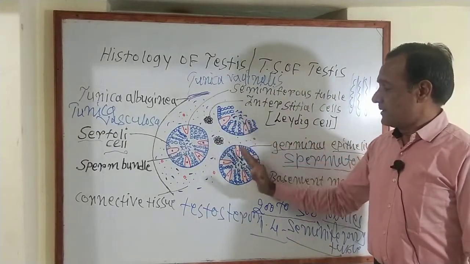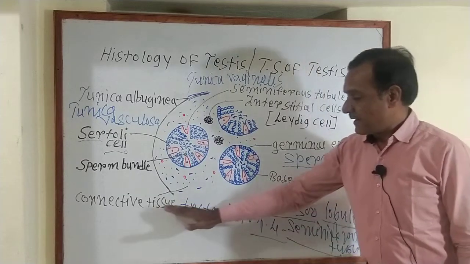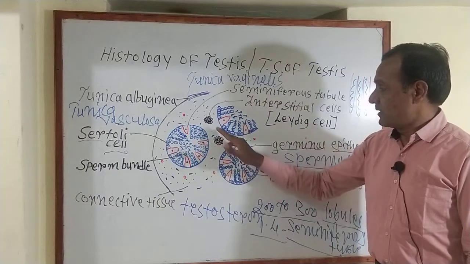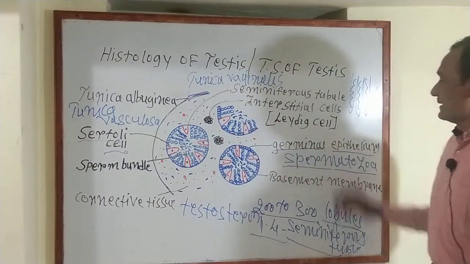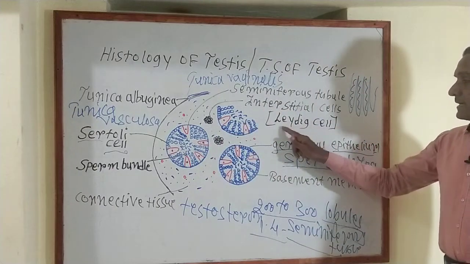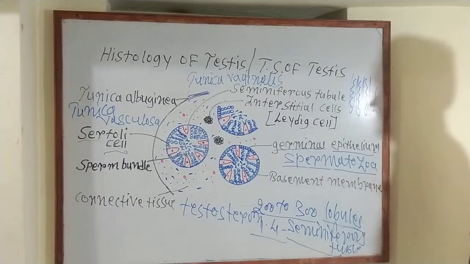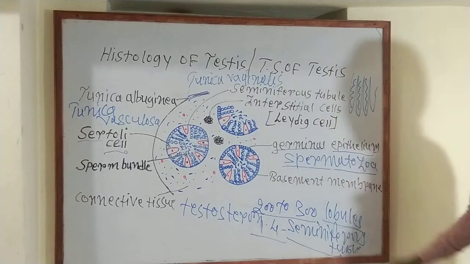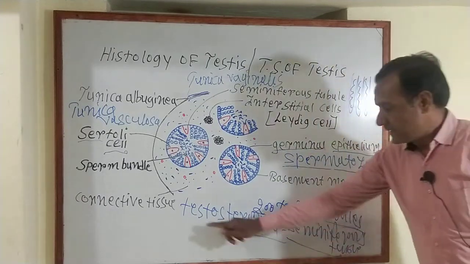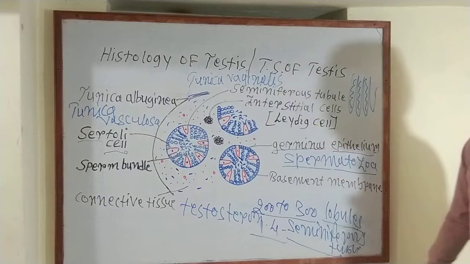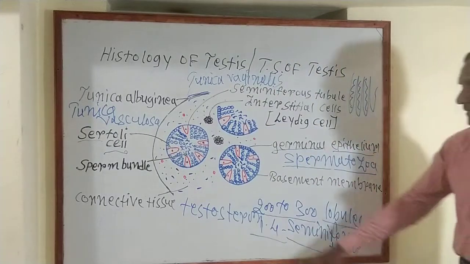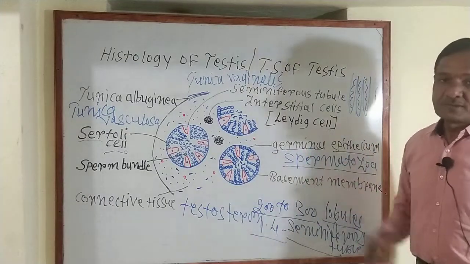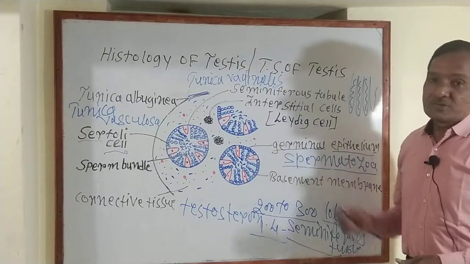In between the seminiferous tubules there are connective tissue, blood vessels and a small group of cells called the interstitial cells, or Leydig cells. These interstitial cells secrete the male sex hormone called testosterone, or androgen. That is the histology of testes.